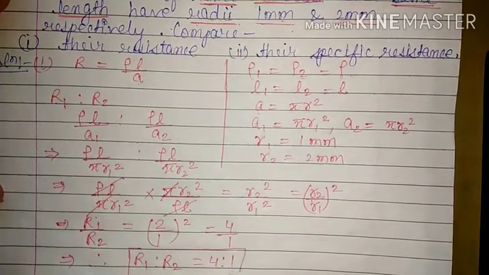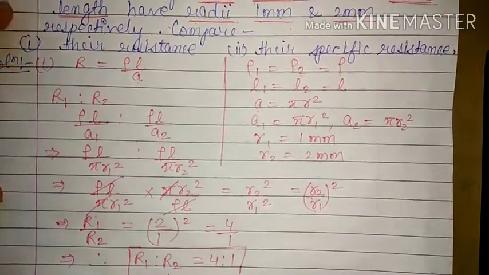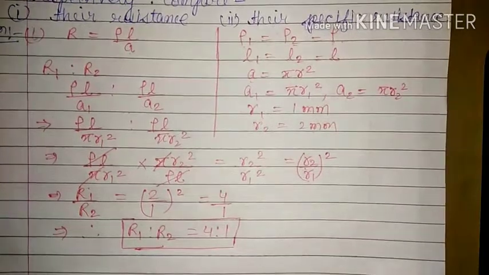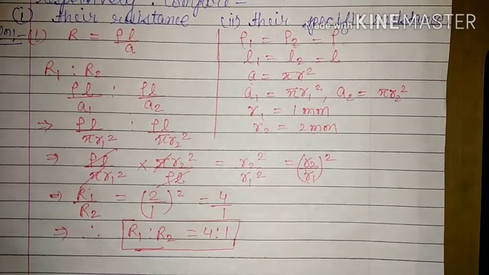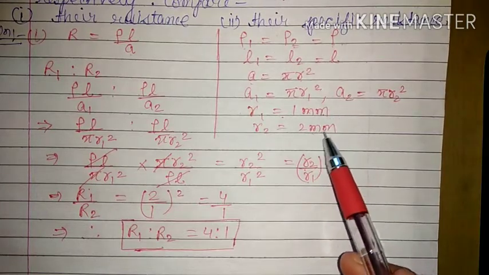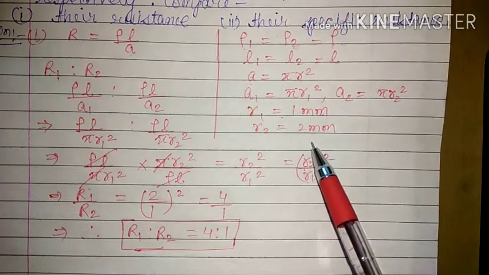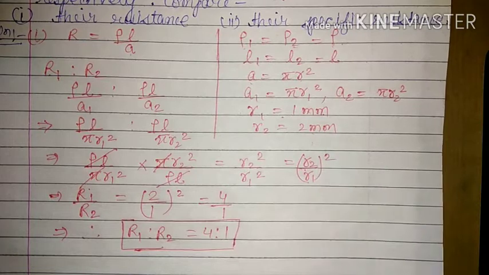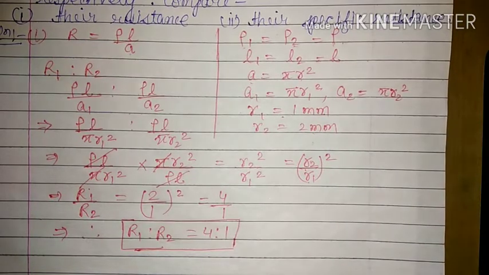This is the resistance ratio, that means the comparison of resistance. One more thing: the radius is given here in millimeter. Since we always use the SI system in physics, we can convert it into meter, no doubt.